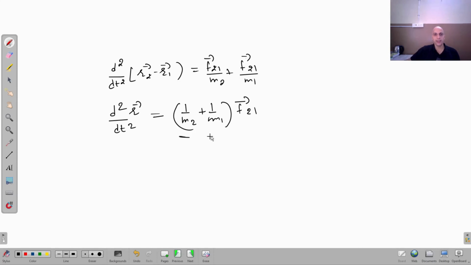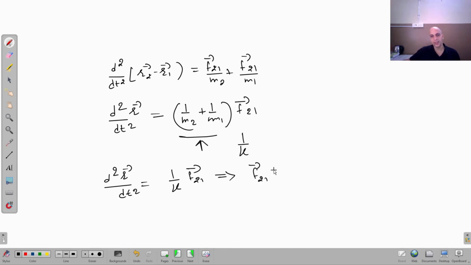So now I can replace this term as 1 upon mu, right? In that case this will become d square r upon dt square, that is equal to 1 upon mu into F21. So I can further simplify it. It will give me F21 is equal to mu into d square r upon dt square.